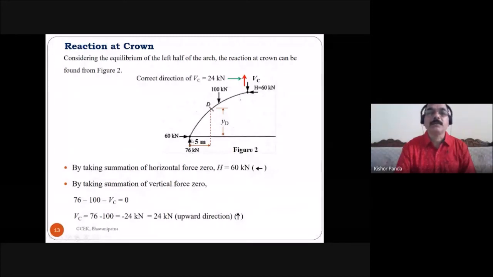The vertical reaction into the perpendicular distance, 5 meter, is rotating clockwise. Due to the horizontal reaction, 60 kilonewton, the perpendicular distance is yt. So 76 into 5 minus 60 into yt is equal to the moment at the point D.